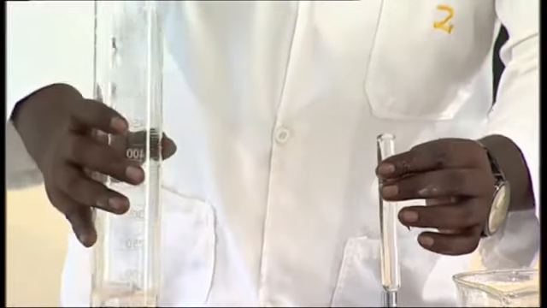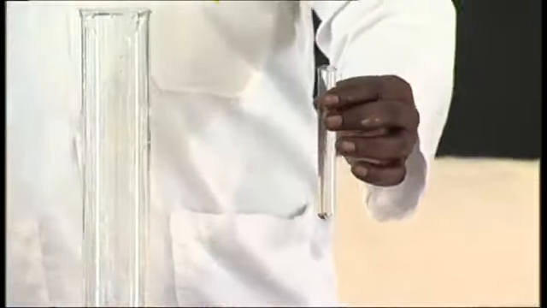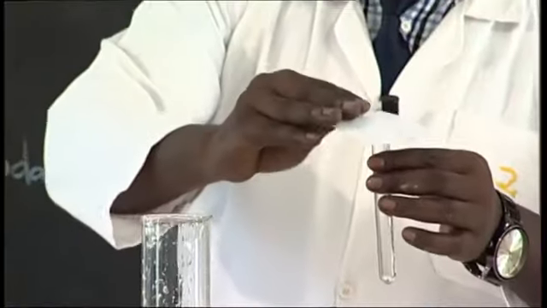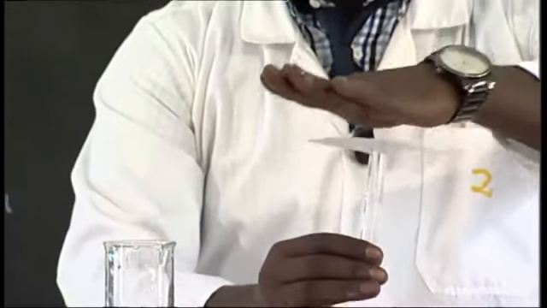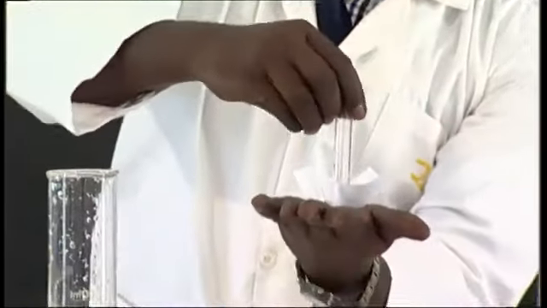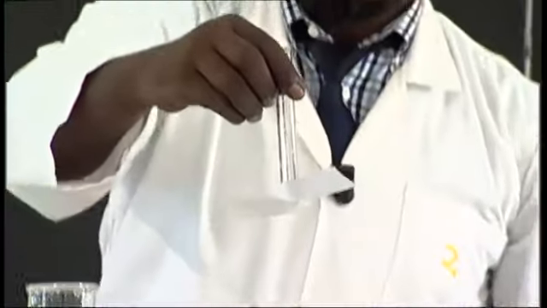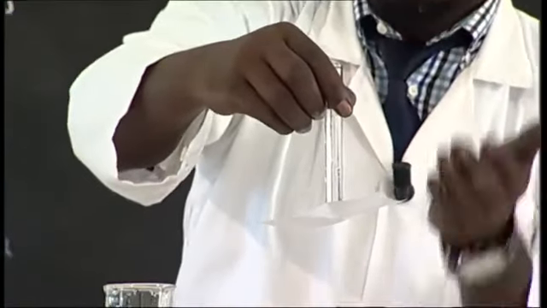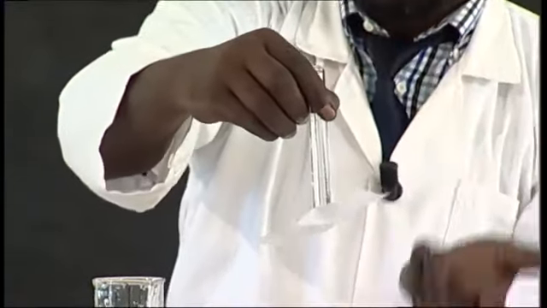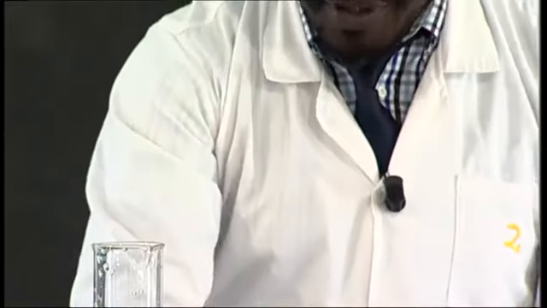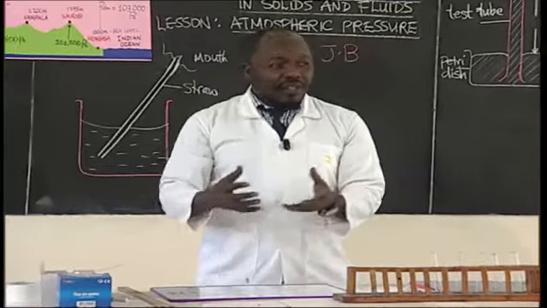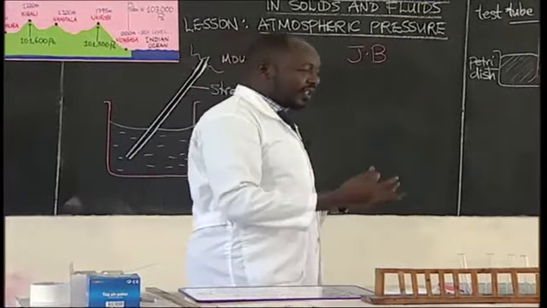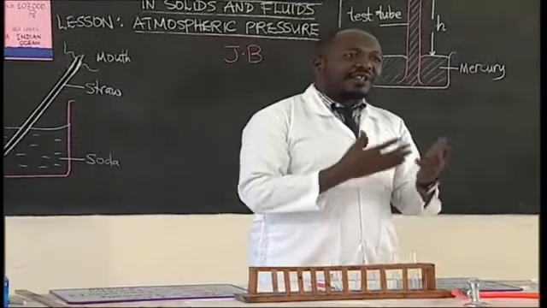You fill it up with water and then get a paper, put the paper on the test tube, and using one hand, you put your hand on top of the test tube and turn it upside down. You can see that the paper holds the weight of the water inside. It's kind of magical. Why does the paper hold the weight of the water? It is because of atmospheric pressure.